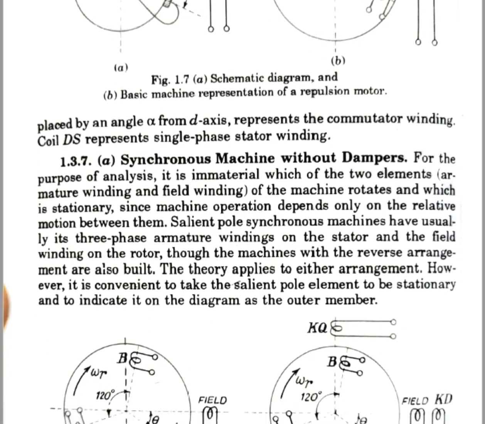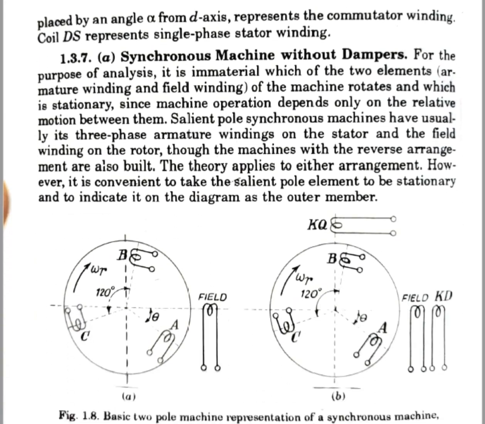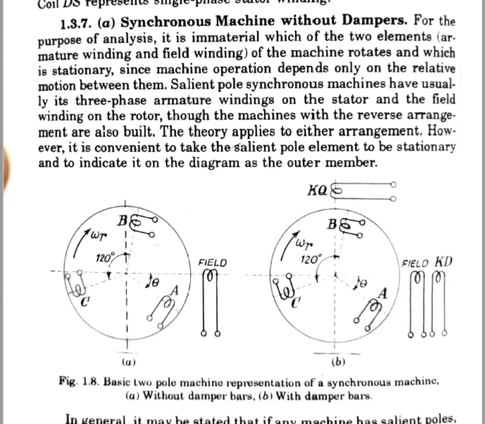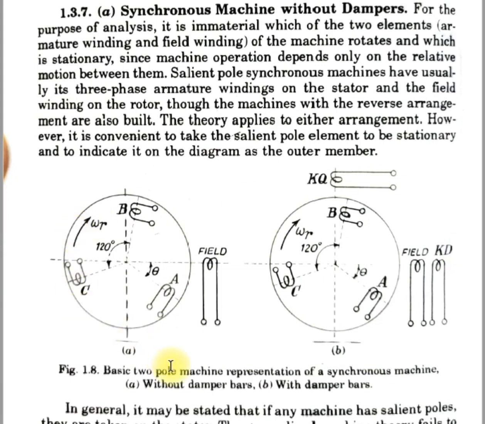Then we have seen synchronous machines with and without dampers. Irrespective of the armature being on the stator or rotor, or the field winding being on the stator or the rotor, we are more interested in the relative motion between them.